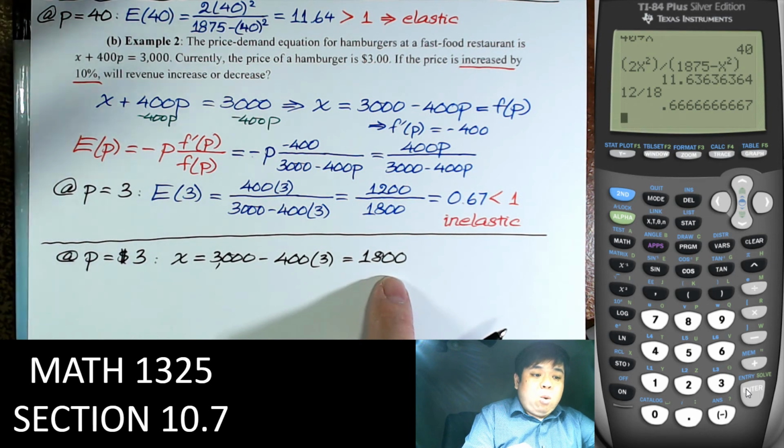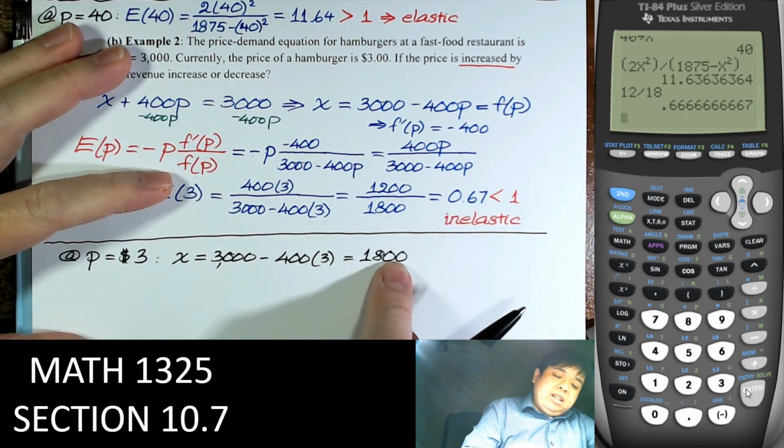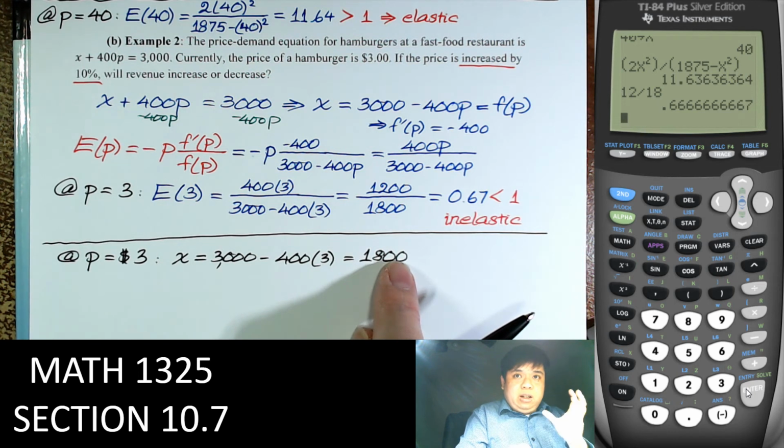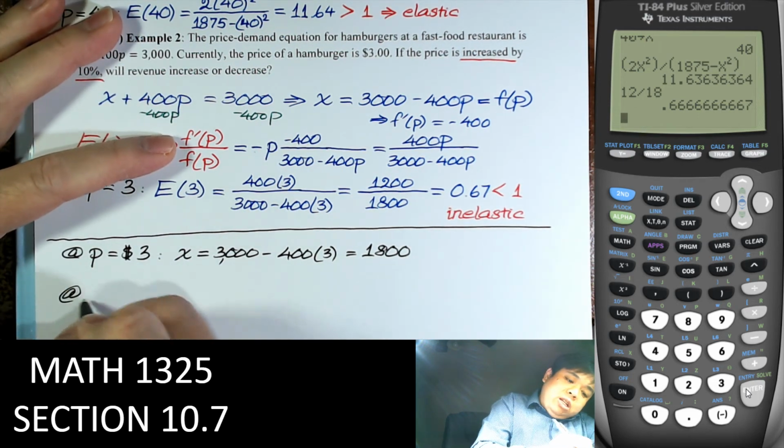So the revenue will be 1,800 hamburgers at $3 each. So that's $5,400.